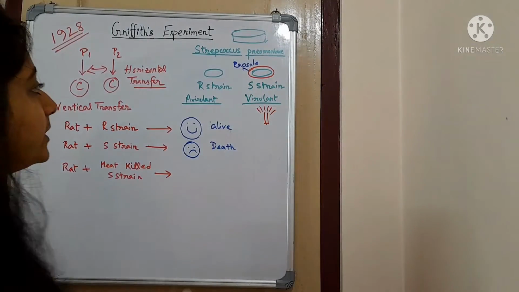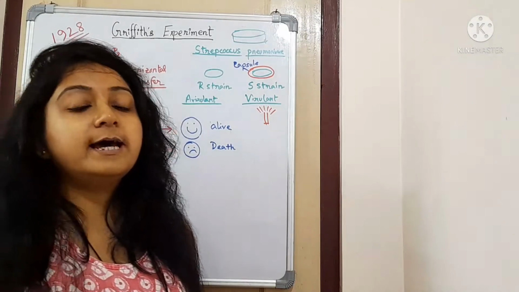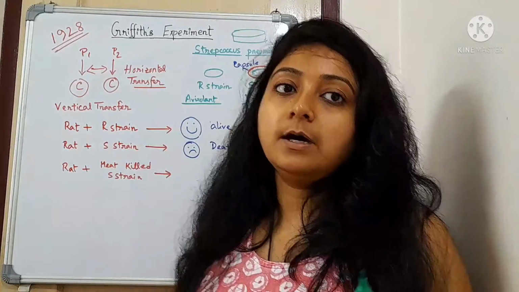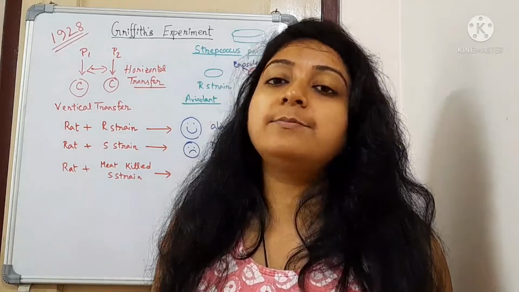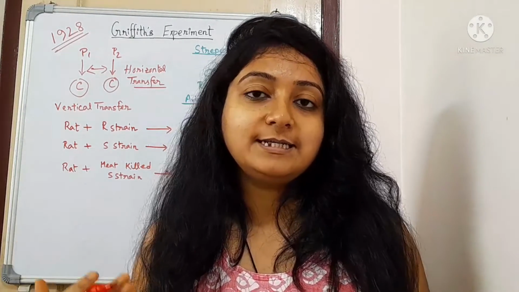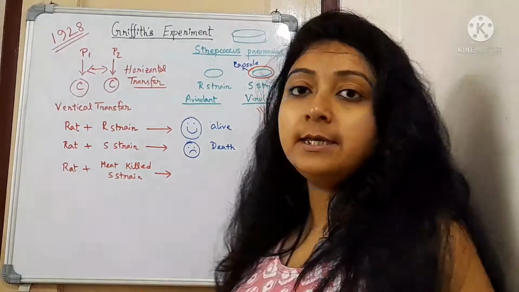It will kill all the outside layer. Once the capsule is not there, it is like when the mask is removed from the terrorist or the criminal, then the police will very easily recognize him, arrest him and kill him. A similar kind of thing was happening in this case.